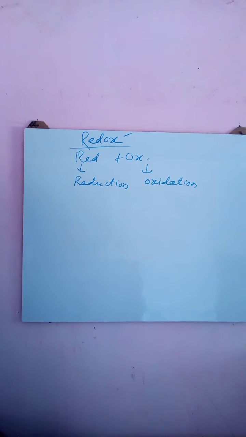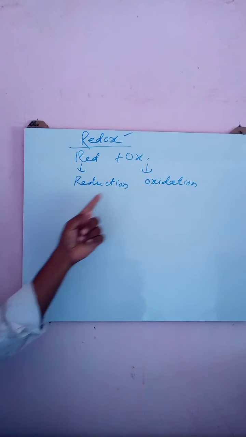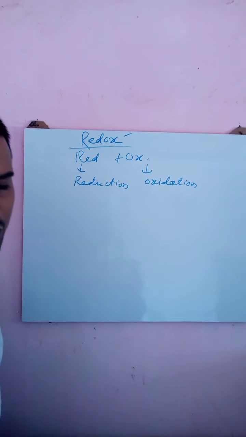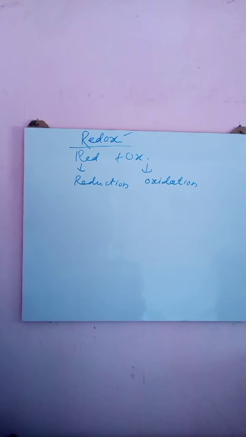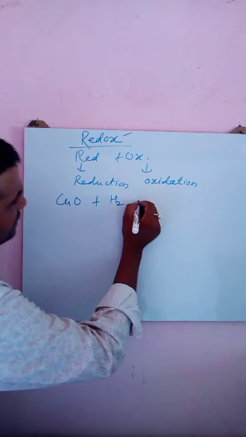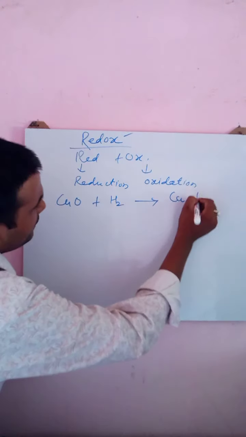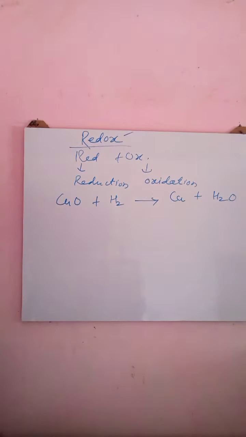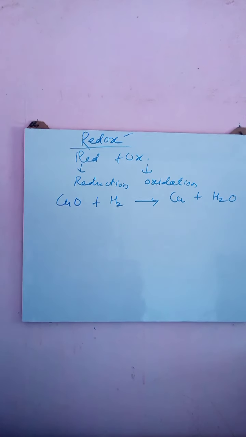So when a chemical reaction simultaneously involves reduction and oxidation, it is said to be redox reaction. For example, copper oxide reacts with hydrogen to form copper plus H2O. It is a type of redox reaction because both oxidation and reduction occur in this chemical reaction.